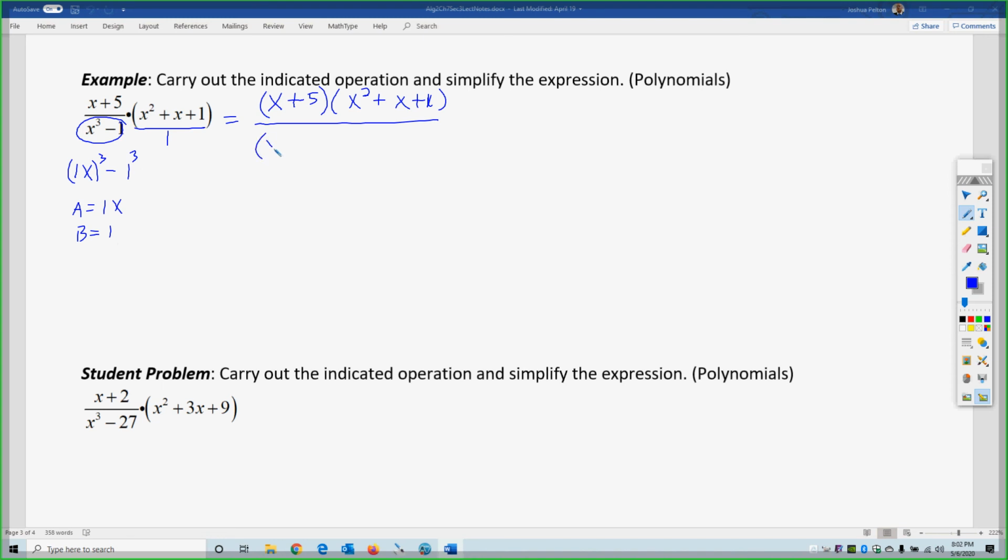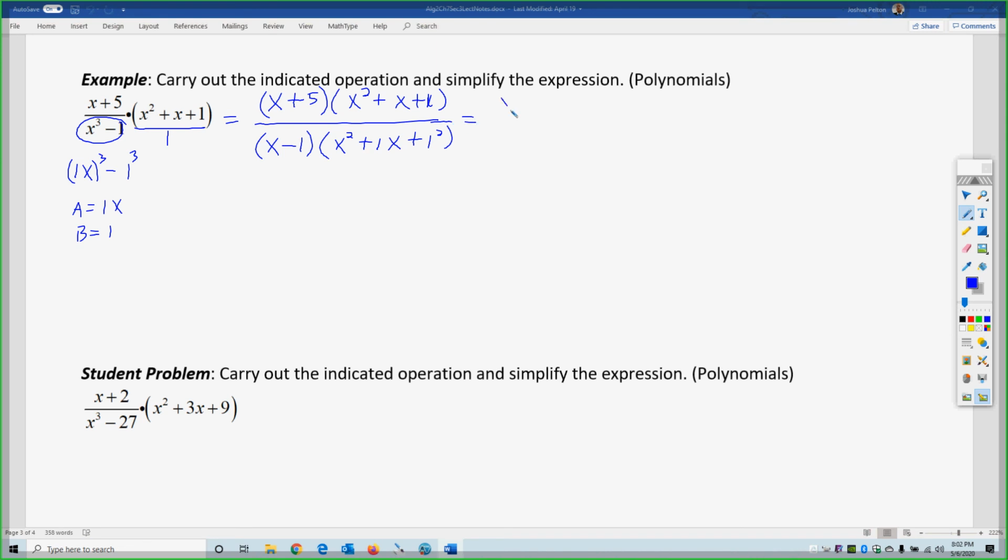So that is A minus B, A squared plus A times B plus B squared, okay? Now you have very similar factors if you look at it.